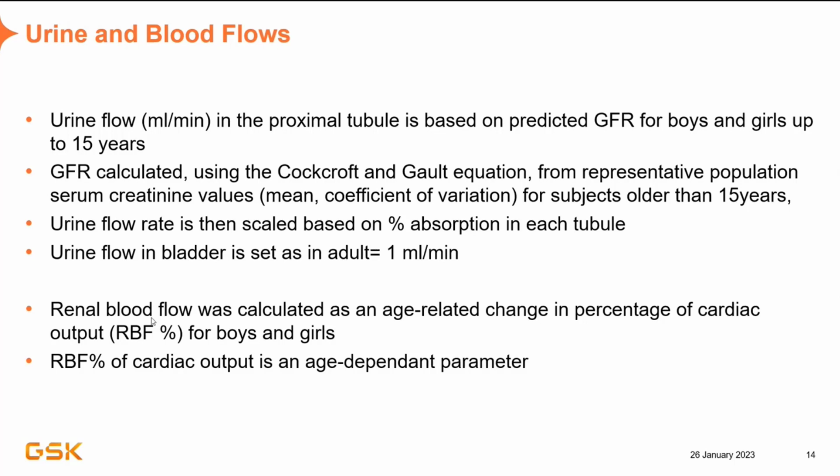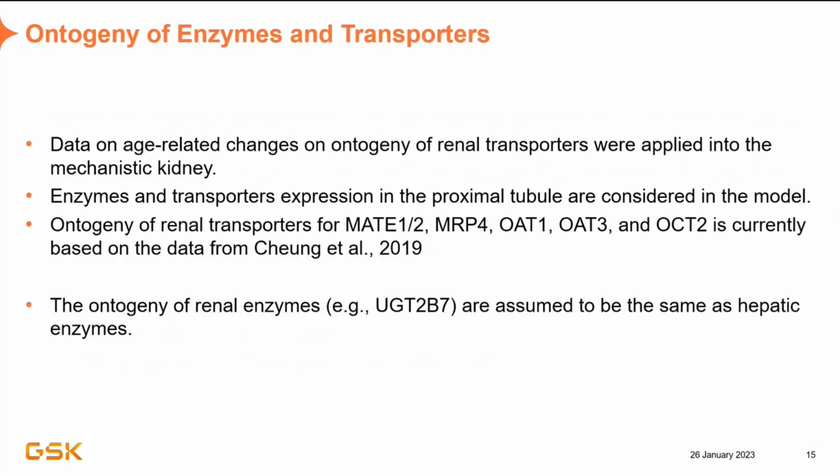Okay, now moving on from physiology to the ontogeny of transporters and enzymes, and that's what makes this model quite unique. The age-related ontogeny of transporters and enzymes is included. For enzymes, unfortunately, there isn't much data on the kidney itself.